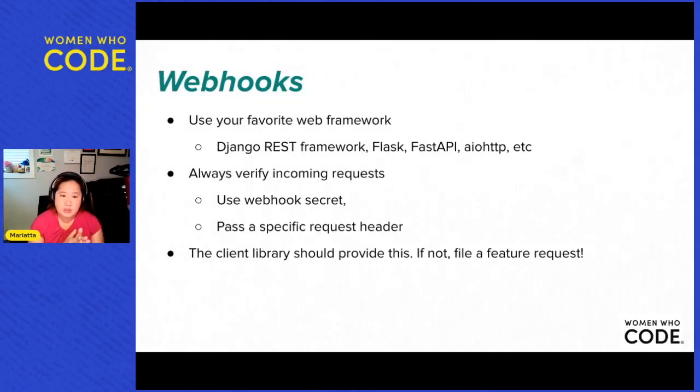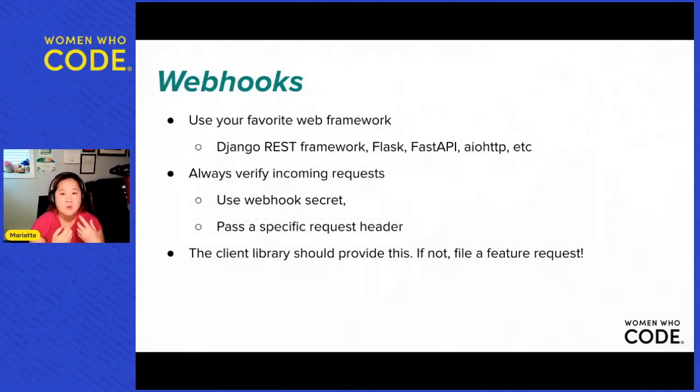For webhooks, webhooks are basically incoming API requests, and you can use any of your favorite web frameworks for APIs. In Python, you can use Django REST framework, Flask or FastAPI or aiohttp, anything that you like. And one thing when working with webhook events, because they're incoming requests, is that the same thing applies as when you make API calls: there is authentication.